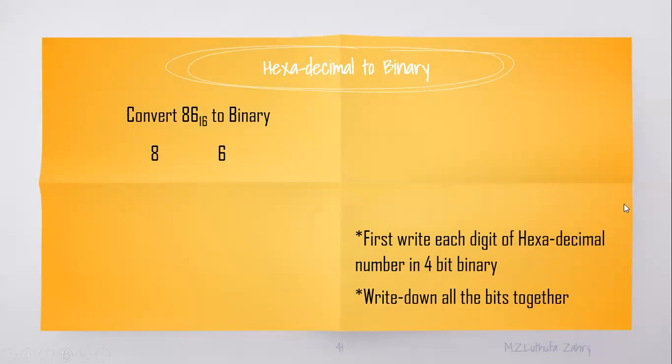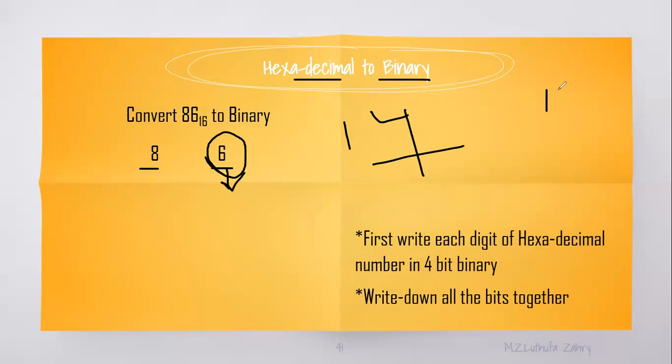Now final 2 conversions, hexadecimal to binary. After this we are done. Hexadecimal to binary means if you want to convert the hexadecimal to binary, write the binary number, and like octal, for hexadecimal we have to write it in 4-digit format. For 6, you can see the table is going to be 1 1 0. To make it 4 bits, add 0 in front, 0 1 1 0, and for 8 it is going to be 1 0 0 0.